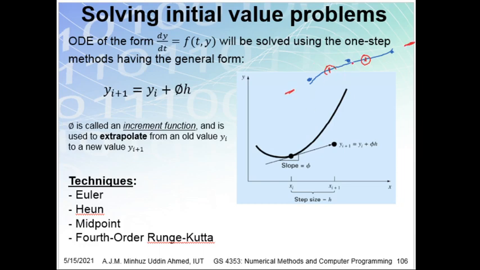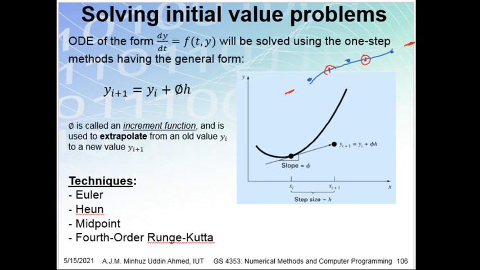We were confined to values within the data points. In this case we say extrapolate because we are going beyond this point. This is not a cordoned area. So from this point we'll be predicting the next value, which is extrapolation.